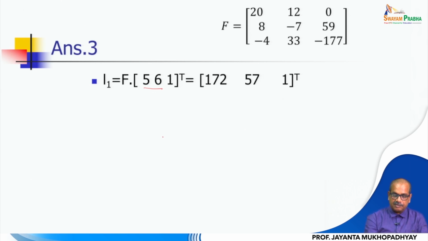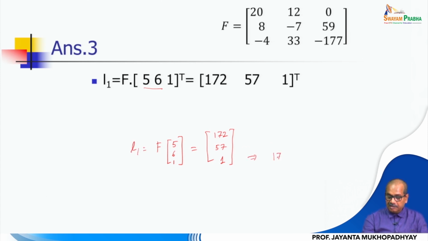It means that we are multiplying the vector 5, 6, 1, and then we are getting the vector 172, 57, and incidentally this is also 1. So this gives me a line, an epipolar line. The equation of the epipolar line would be 172x plus 57y plus 1 equals 0. This is the epipolar line corresponding to 5, 6, 1.